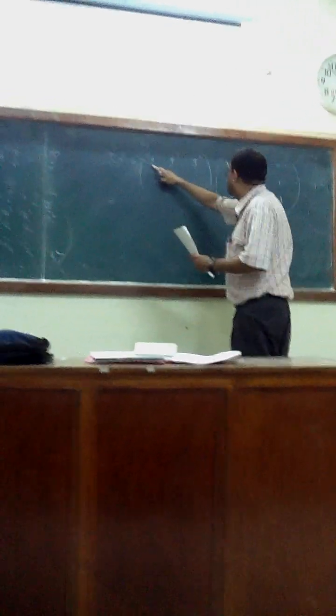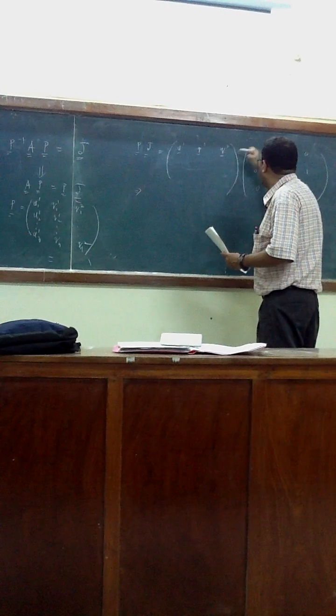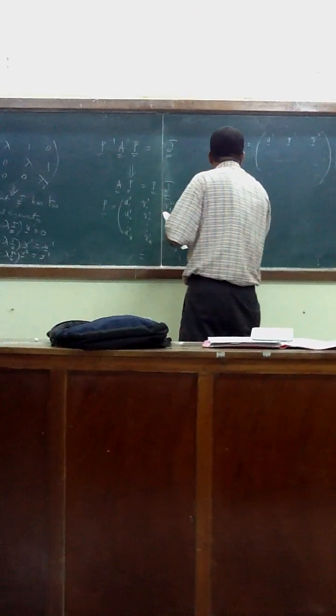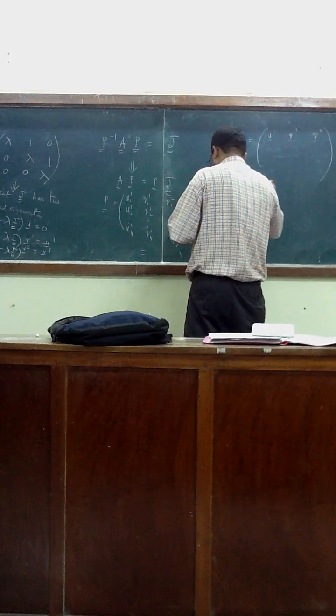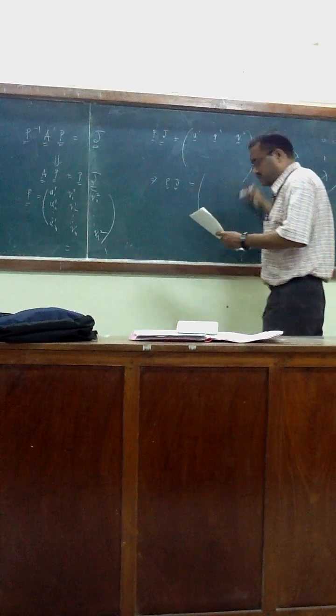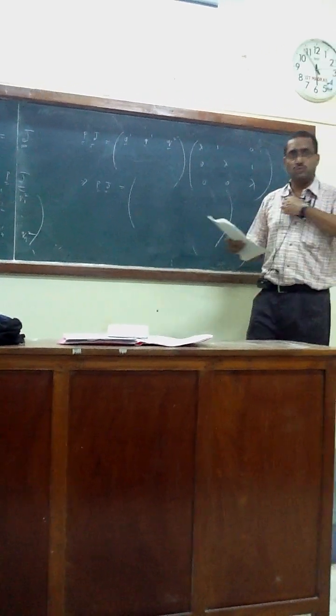If I multiply, what will you get for PJ? You will get 3 columns. You can tell me the vector form, or if you want, I can write all the forms. Who will dictate for me?